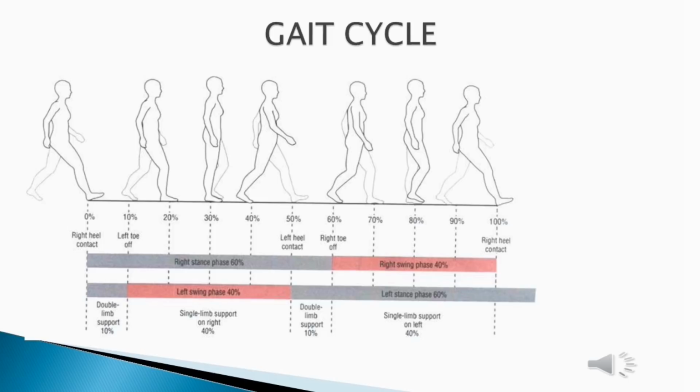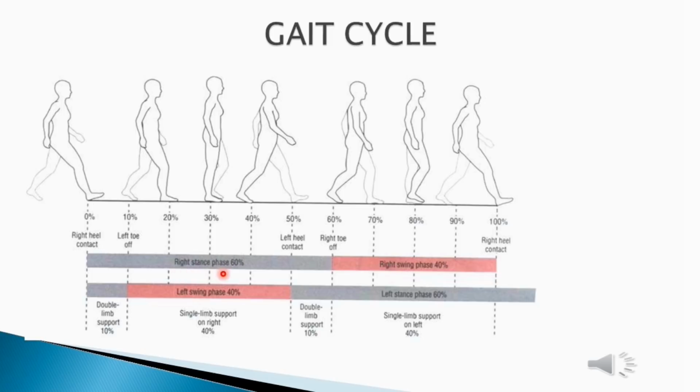It's a 60-40 relationship. And this is important to understand because later on when we get into the AMA guides, particularly in Chapter 17, the AMA guides provide for permanent impairment due to what they refer to as a shortening of the stance phase of gait, a shortened stance phase.